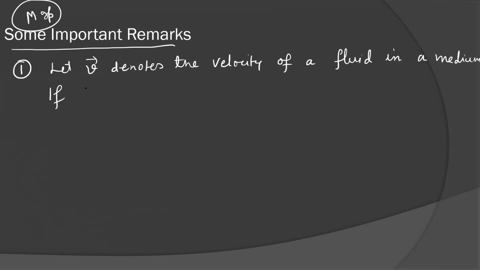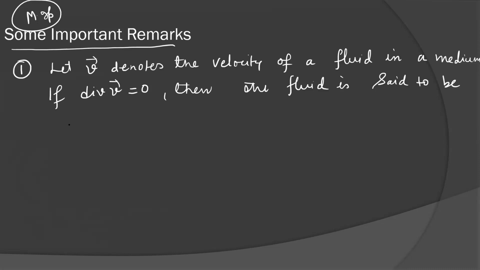If divergence of V is 0, then the fluid is said to be incompressible. So this is the important property of divergence in fluid dynamics.